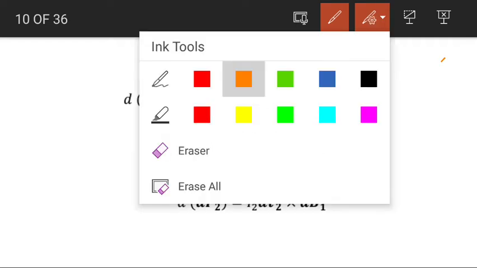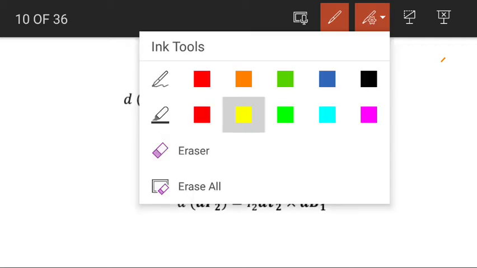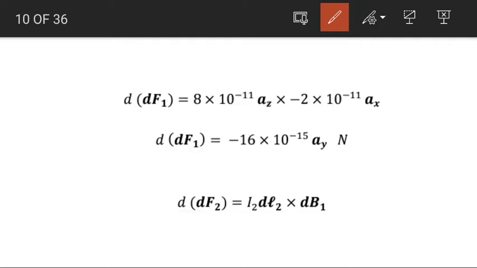And the differential force which is experienced by the first differential current element is 16 into 10 raised to power minus 15 Ay Newton.